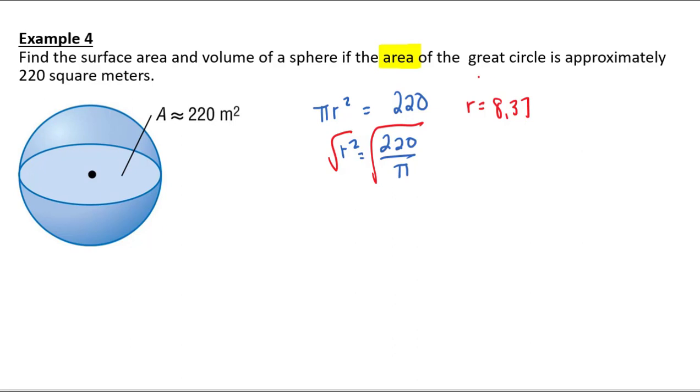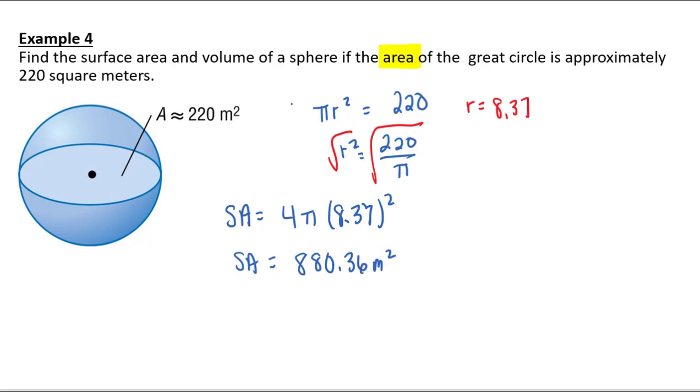So then the surface area, which is 4 pi r squared, we get 880.36 meters squared.